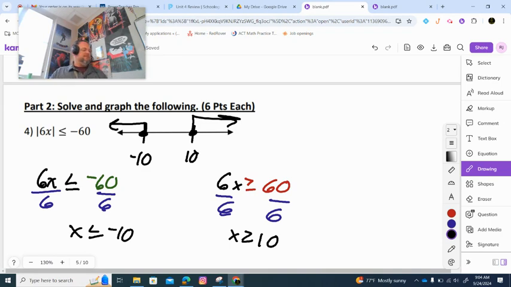Okay. This one looks funky because it started off with the negative. See, Evil Twin is all about perspective.